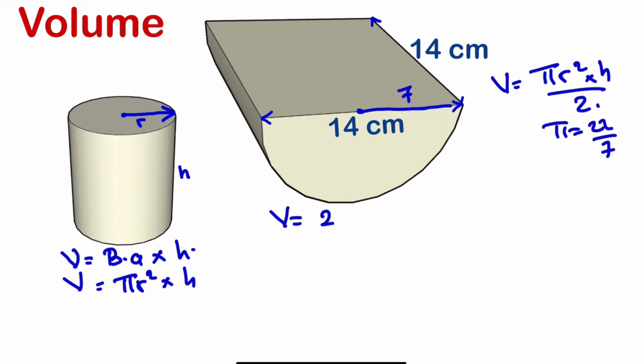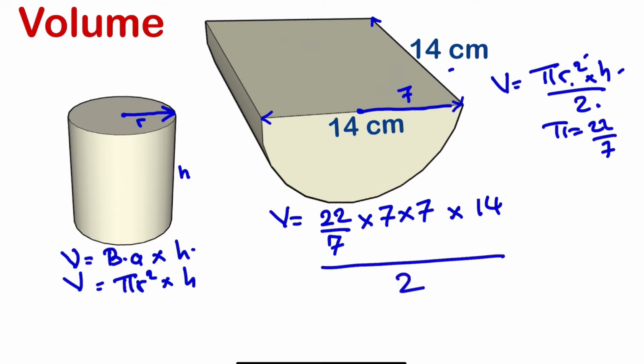So we have 22 over 7 times r squared, which means the radius squared, 7 times 7, times the height. Our height is 14, all divided by 2, because we have to divide it by 2.